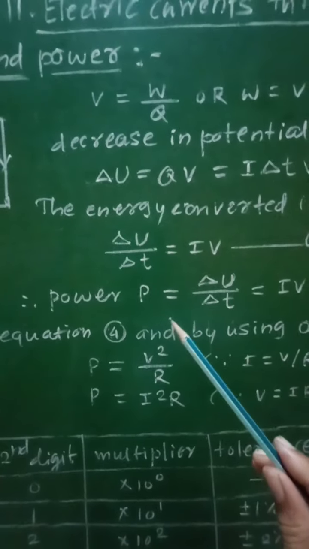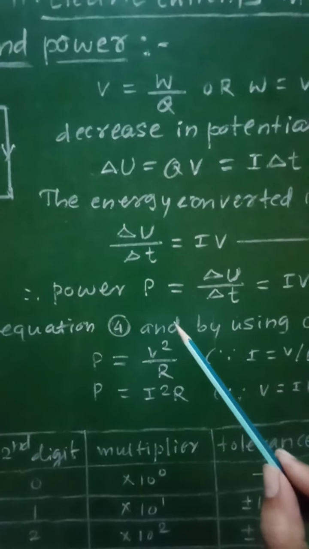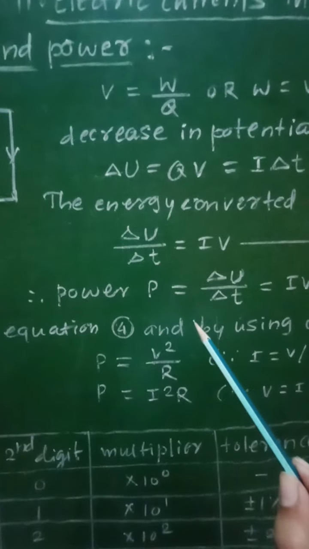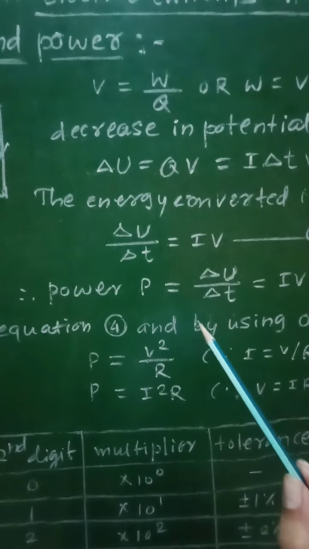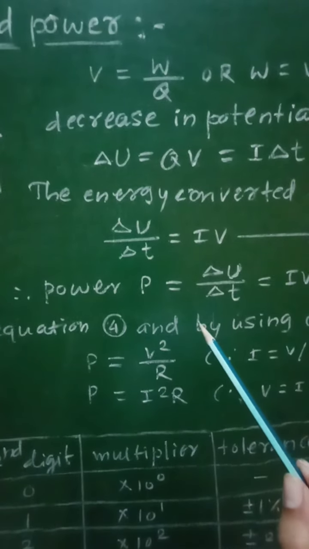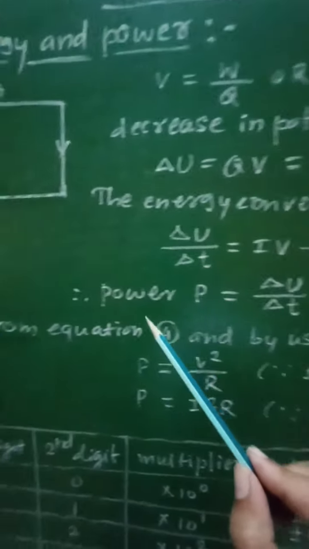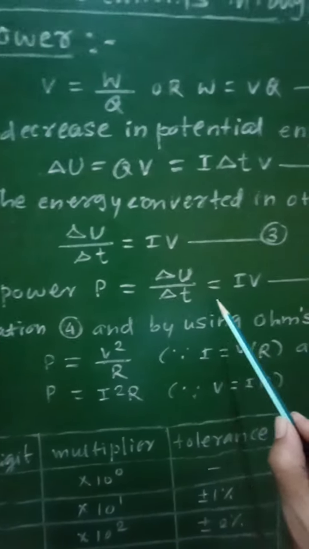Now, due to the applied electric field, free electrons move across the resistor, and hence there will be an increase in the energy of the electrons. Similarly, the power is transferred by the cell to the resistor, and that power P is equal to I phi.